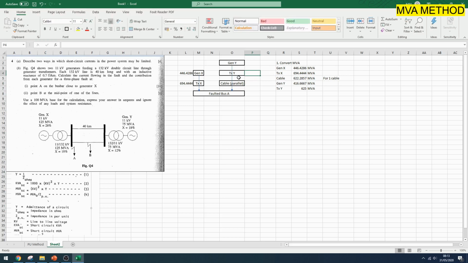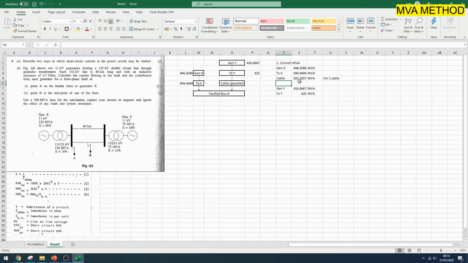So we have transformer Y and generator Y. For the cable, actually you have two cables in parallel. So never mind, we can calculate the impedance of the cables in parallel to simplify.